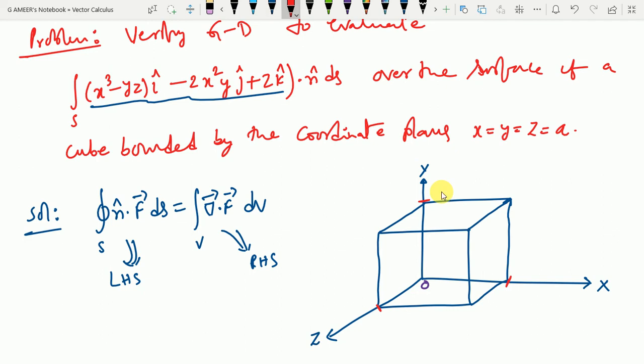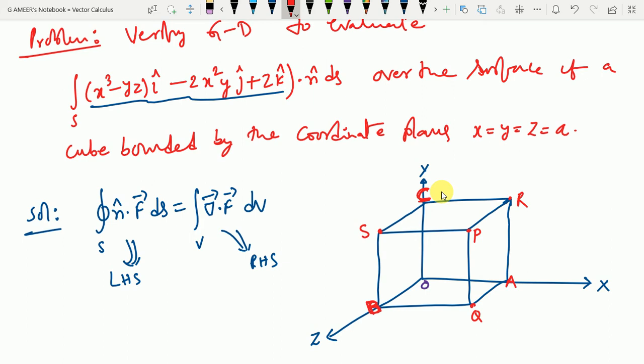Let us take this point as a, this point as b, and this point as c. Now let us take P, Q, R, S. There are the 6 faces I need to use here. That 6 are required. Every side length will be a here.